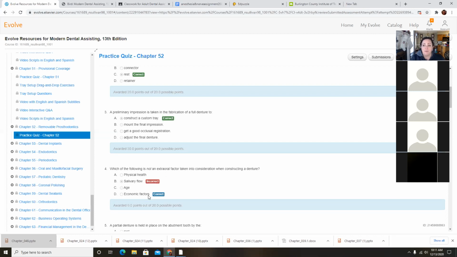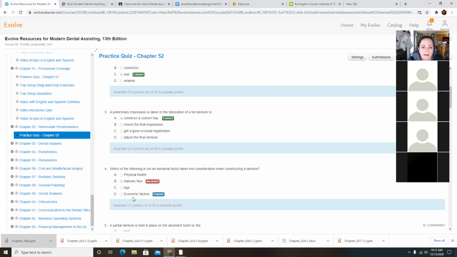So for a patient with a very heavy salivary flow, they may want to do an implant supported denture, that snaps into place like an overdenture, because that lower may not hold with a heavy salivary flow. So that is going to matter.